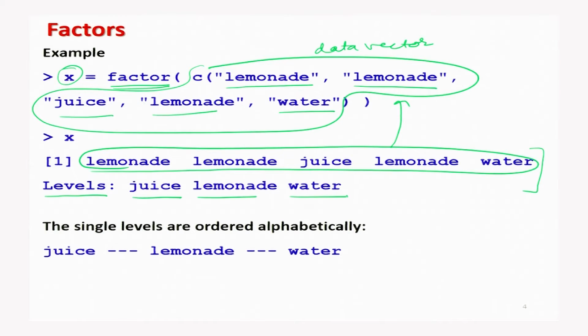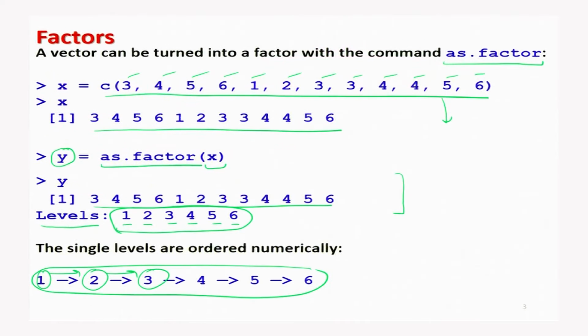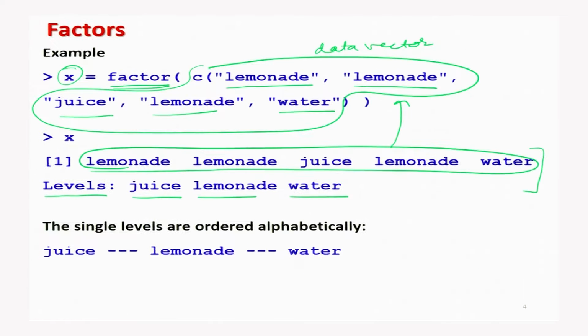When we considered numerical values, the labels were arranged in increasing order. But when we handle strings, then these labels are ordered alphabetically, right.